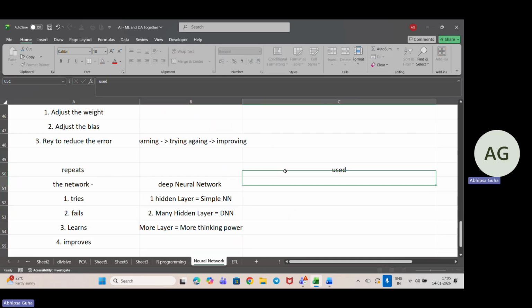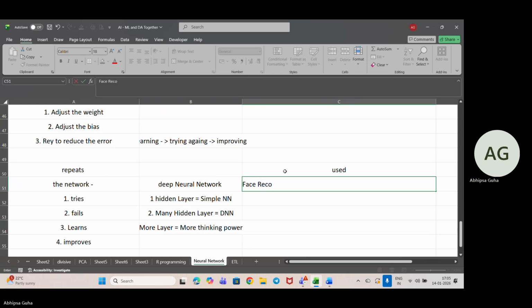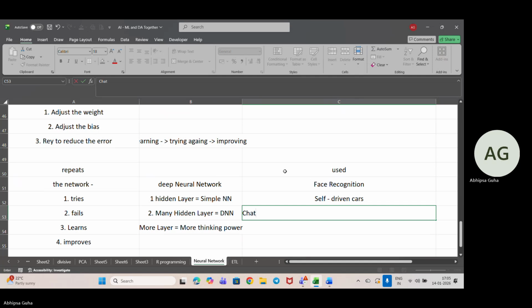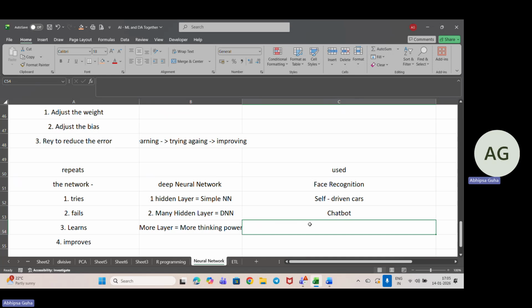It is used in face recognition, in self-driving cars. Where else is it used? In chatbots, we are using it. Okay, so this is how things are moving.